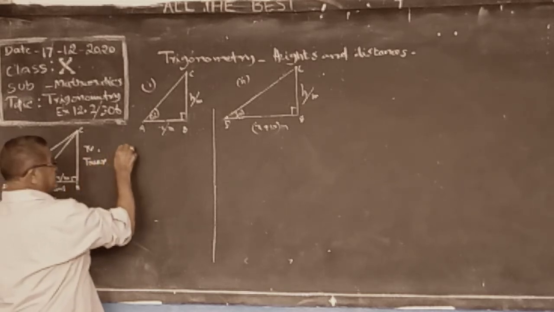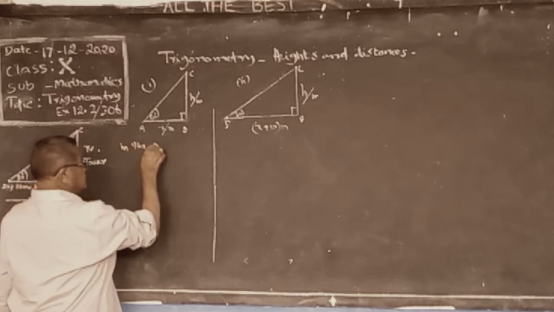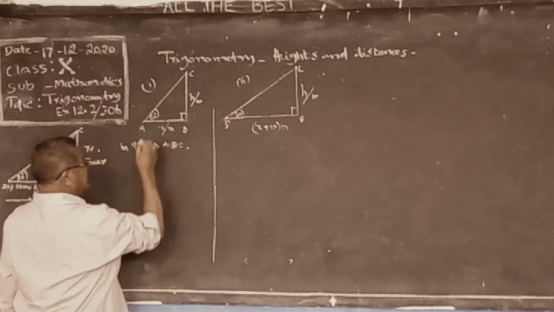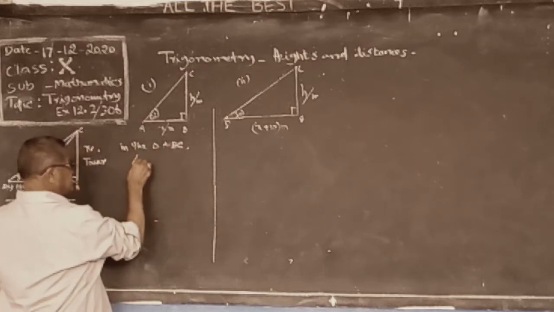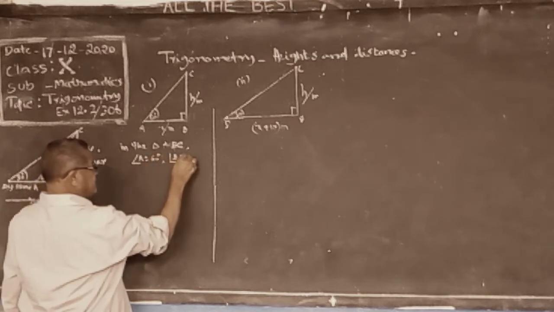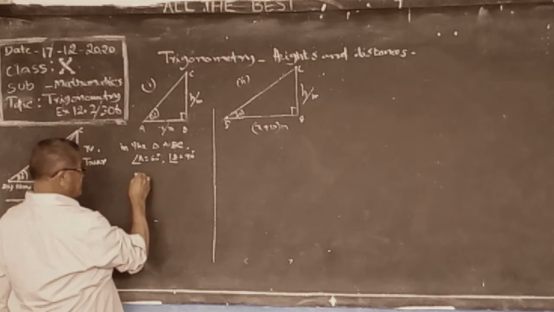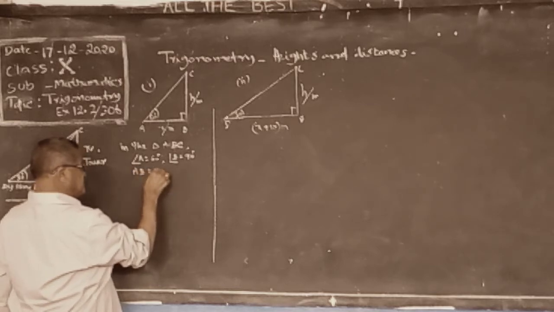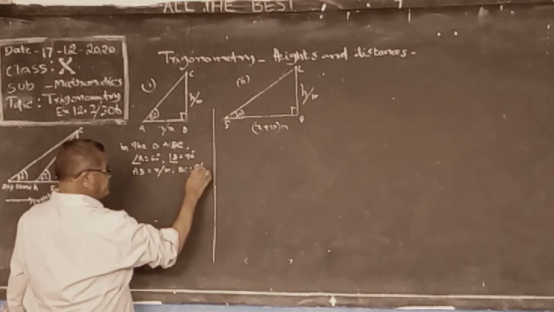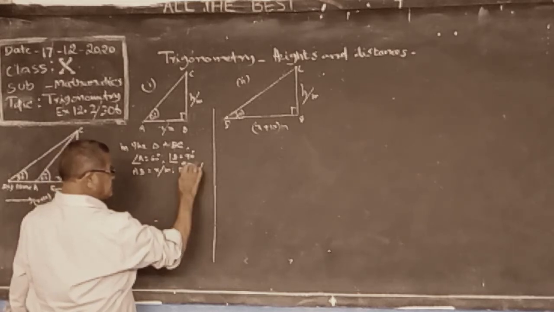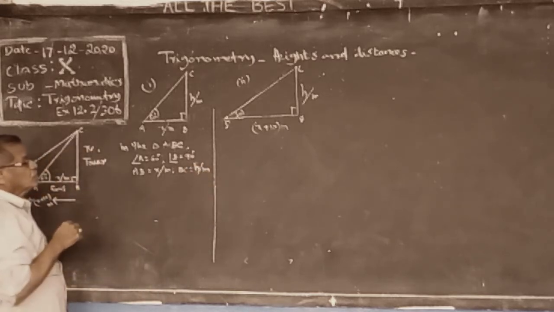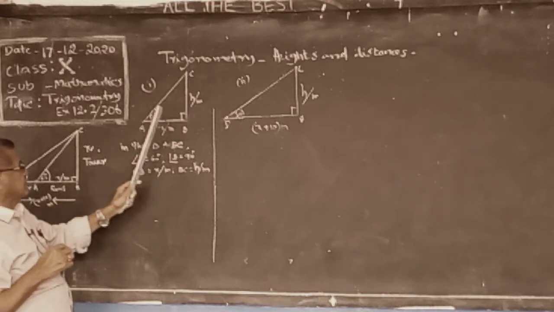Now, in the triangle ABC, angle A is 60 degrees, angle B is 90 degrees, AB is x meters and BC is h meters.